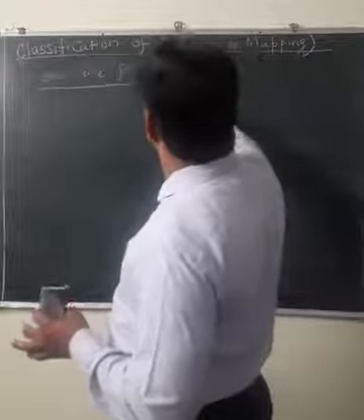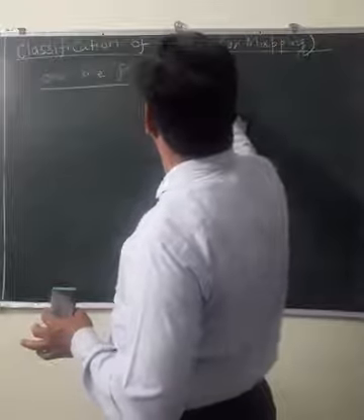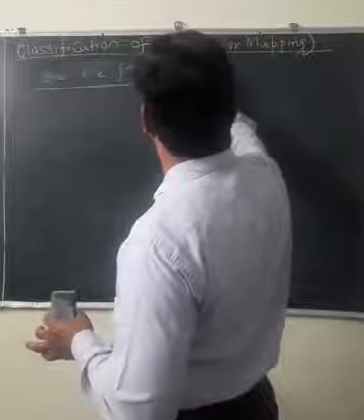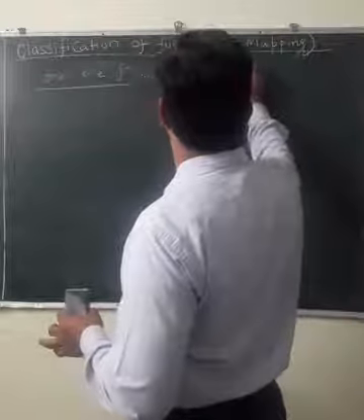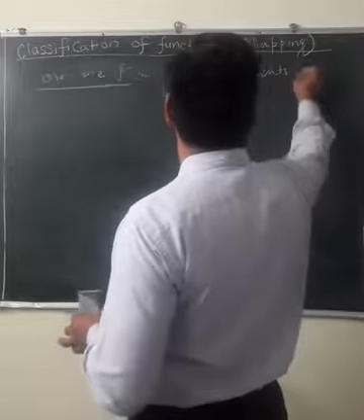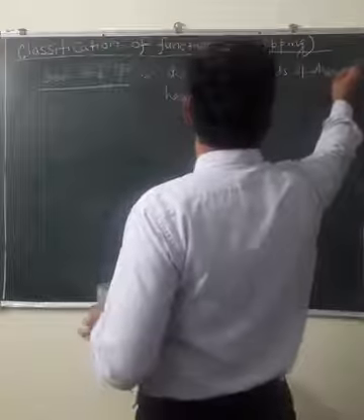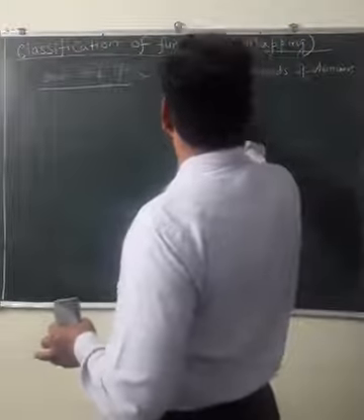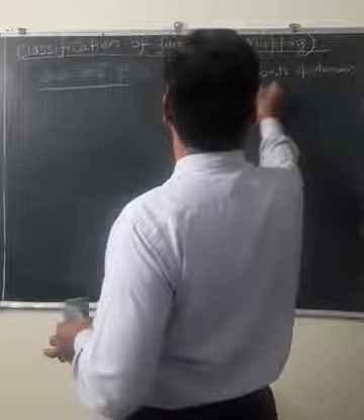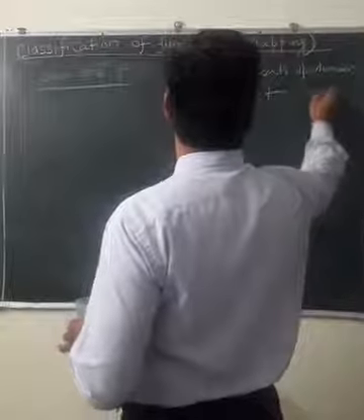All distinct elements of the domain have distinct images. In one line I can say it like this. This is for a one-one function.